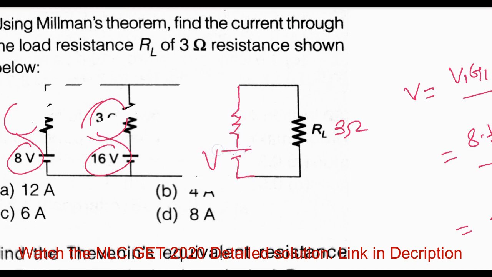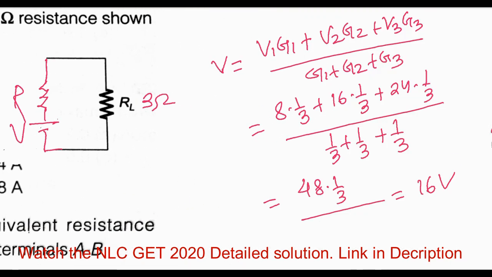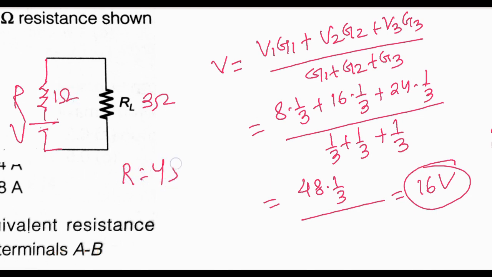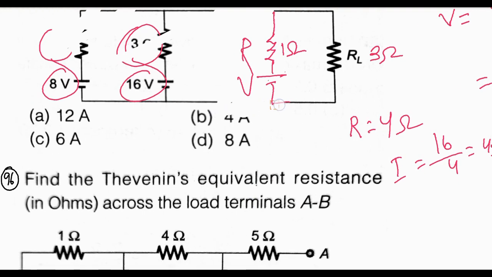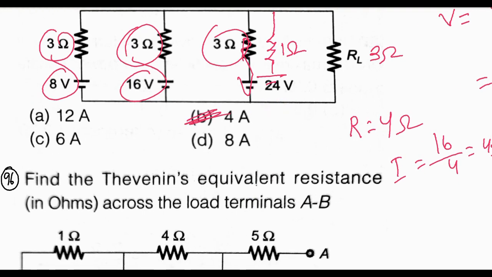This one is the V and this one is the R. What is the V value? V value we are getting 16 volt and R value is 1. So total resistance is 4 ohm and V is given 16. We have calculated 16. So what will be the current? Current will be 16 by 4. This will be 4 ampere. 4 ampere will be the current. 4 ampere here. Option B.